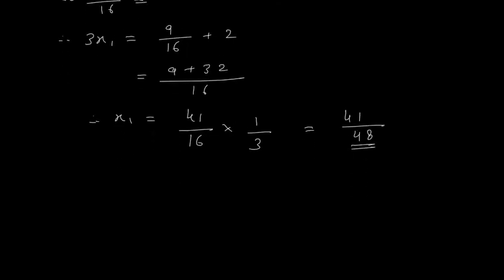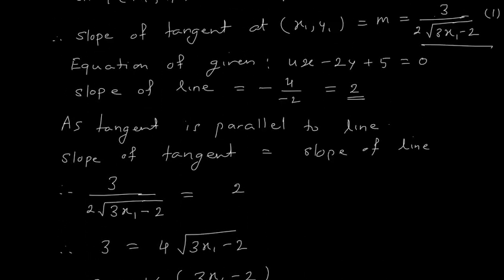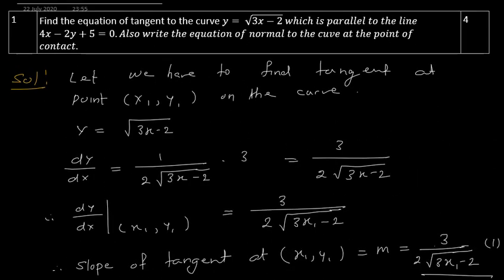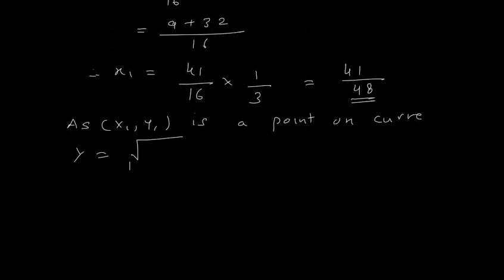Now x1 comma y1 is a point on the curve. As x1 comma y1 is a point on the curve y equal to root of 3x minus 2, this point will satisfy it. Therefore y1 equal to root of 3x1 minus 2.